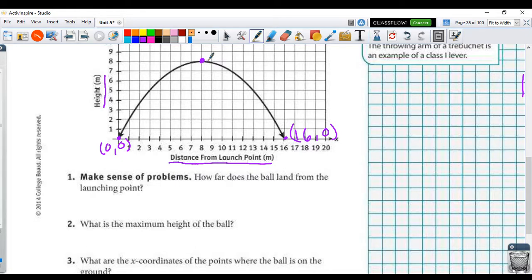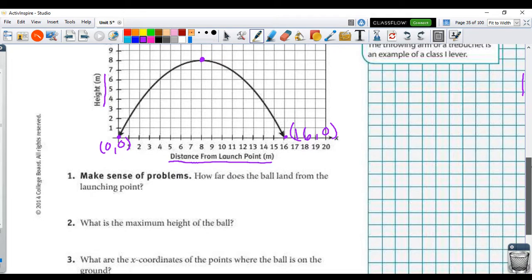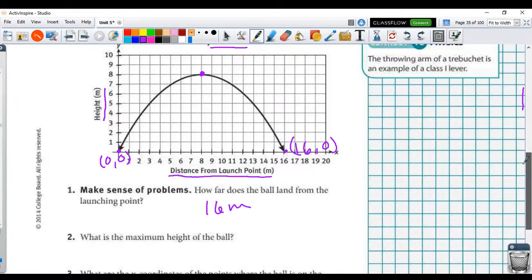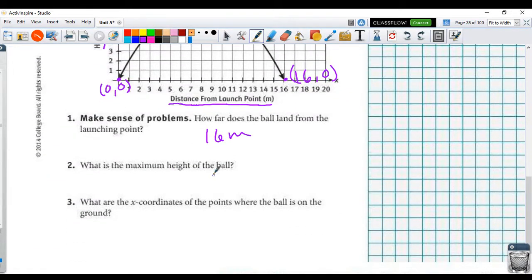So we can answer these questions down here that they ask us. How far does the ball land from the launch point? Well, 16 meters. The maximum height of the ball or the projectile was 8 meters. And the x-coordinates of the points where the ball is on the ground, we wrote those up above. That was (0, 0) and (16, 0). Okay?